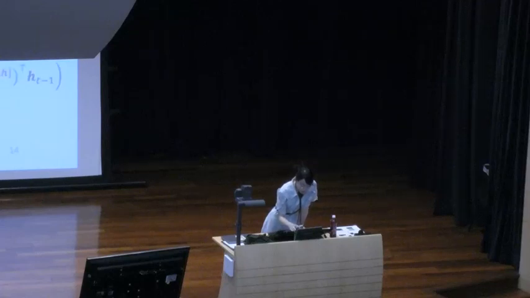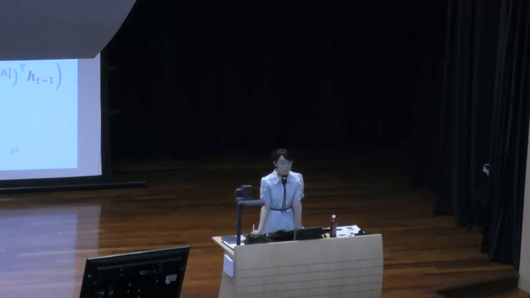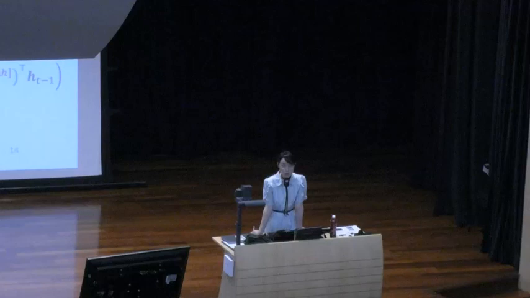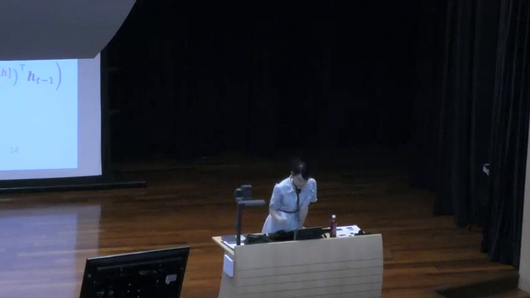Then in order to predict the final label, we need to take the HT as input and use the normal feed-forward layer to predict the label. Okay? So this is the way that we use to predict the label.